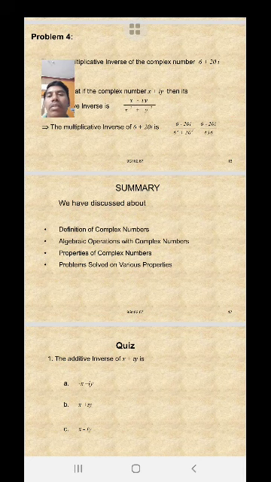So very important: the additive inverse and multiplicative inverse are both different. So be very careful while you are writing. Observe whether it is the additive inverse or multiplicative inverse of the complex number.